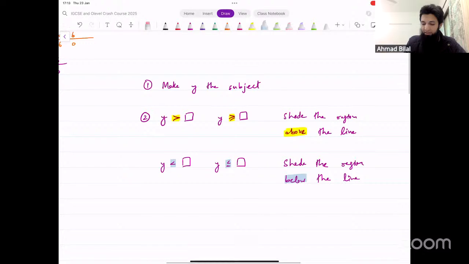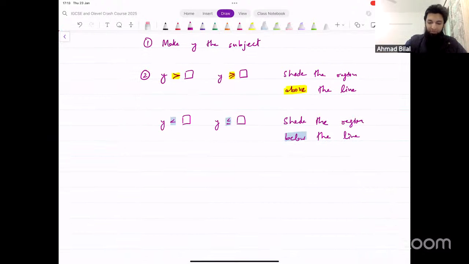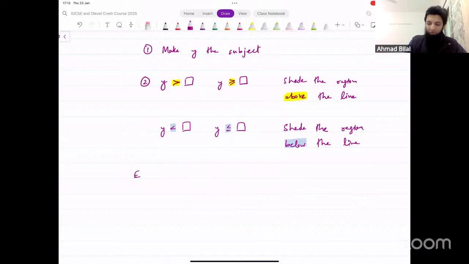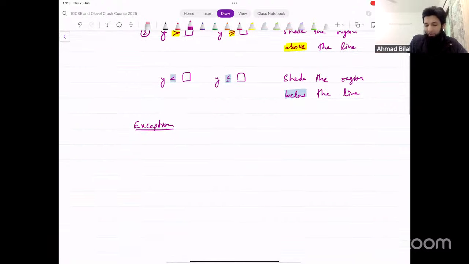There is an exception, and that exception is when you don't have a y there. When there's no y, what do you do in that case? In that case, you would have x greater than something or x greater than or equal to something, or you would have x less than something or x less than or equal to something.